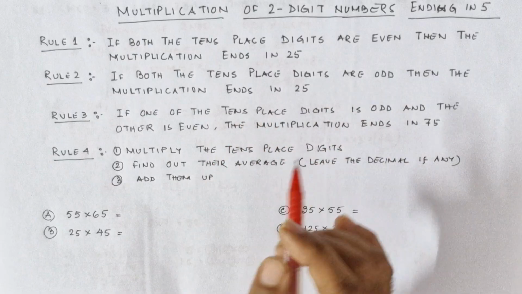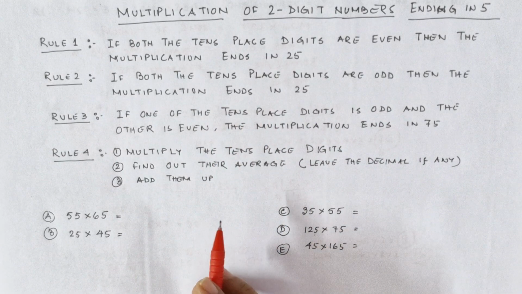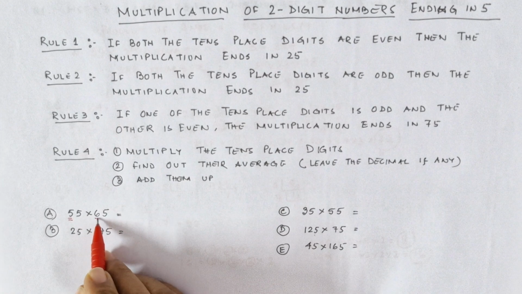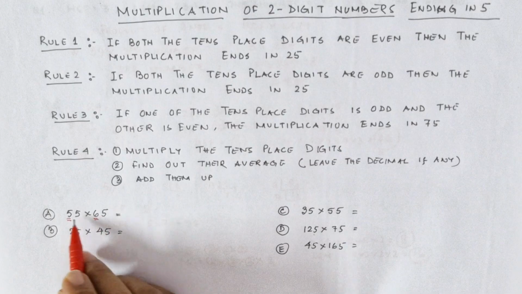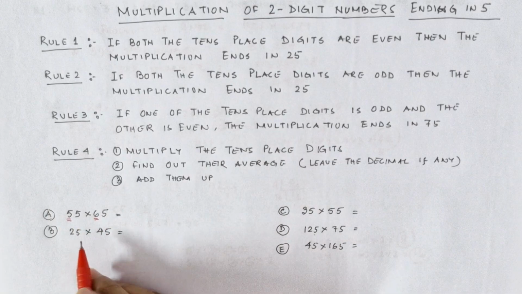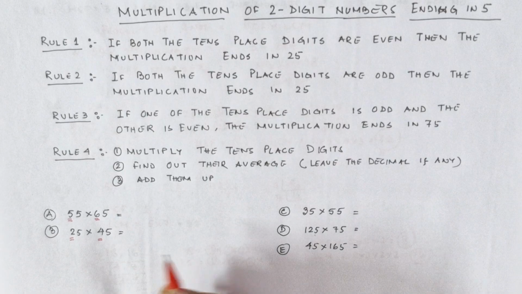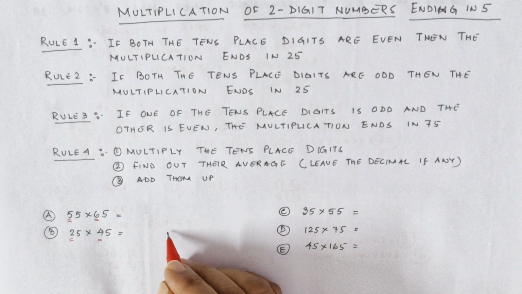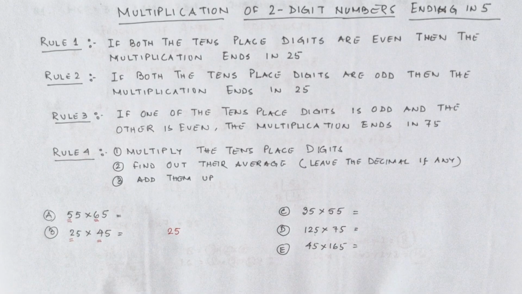So go ahead and examine the tens place digits. Let's say the first scenario. Are they even? No. So let's leave it. Go to the next case. Are they even? Yes, they are even. So the multiplication will definitely end in 25, so let us write 25.